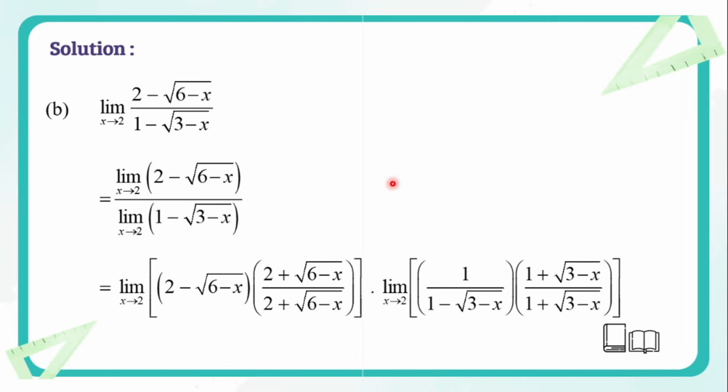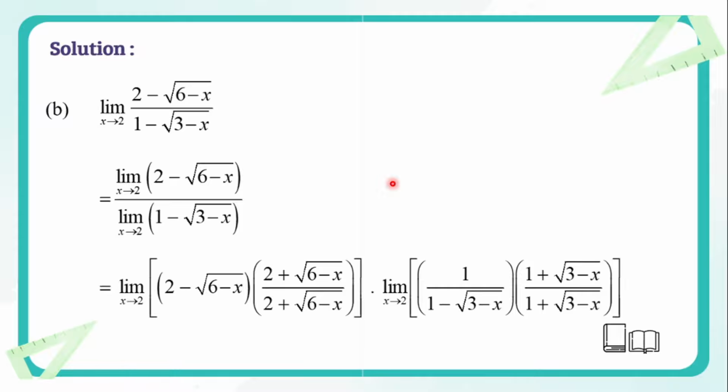So we get the limit of (2 − √(6 − x))(2 + √(6 − x)) over (2 + √(6 − x)) as x approaches 2, multiplied by the limit of 1 over (1 − √(3 − x)) times (1 + √(3 − x)) over (1 + √(3 − x)), where 1 + √(3 − x) is the conjugate of 1 − √(3 − x).